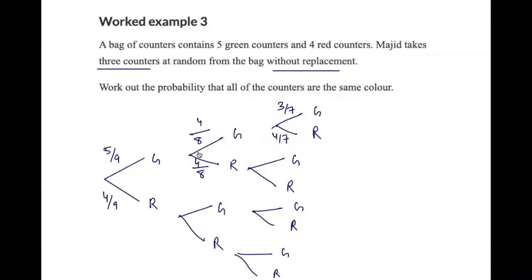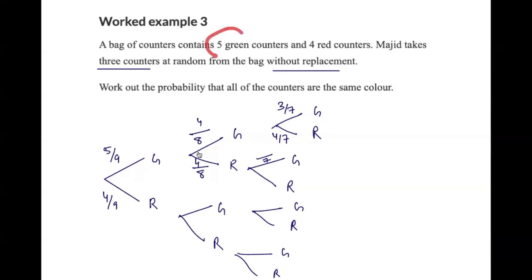Okay, how do you know that we have taken a green counter, not a red counter? So green, green, and green, and green, green, and a red. So I'm doing this branch right now. Oh yes, sorry. Okay. Now the next is green, red, green. So out of 7, how many green counters are going to be there? 5.